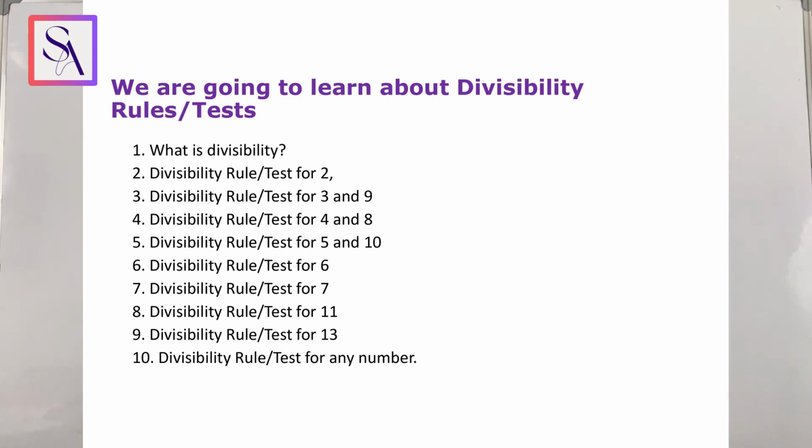We will see what is divisibility, then the divisibility rule for 2, then for 3 and 9, then for 4 and 8, then for 5 and 10, then the divisibility rule for 6, then for 7, then for 11, then 13, and at last we will see the divisibility rule for any number. So this is our 10-point agenda.